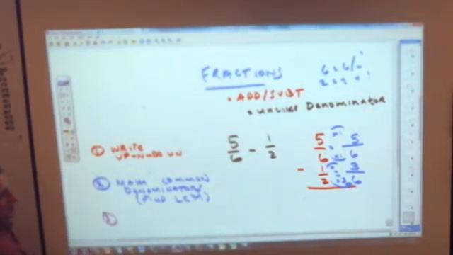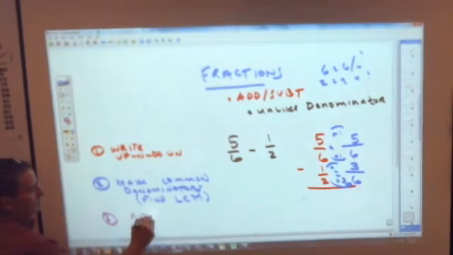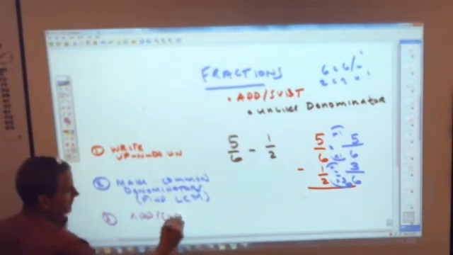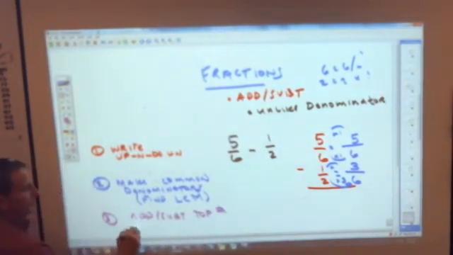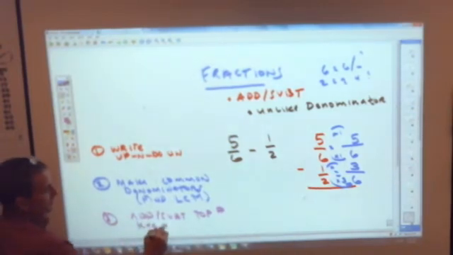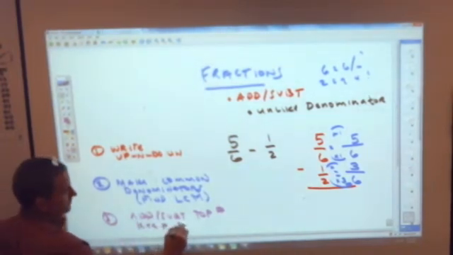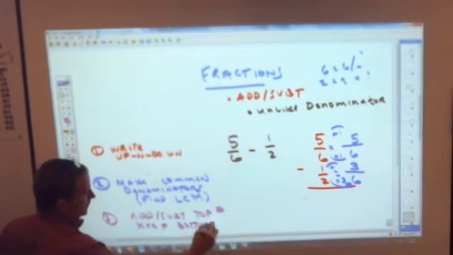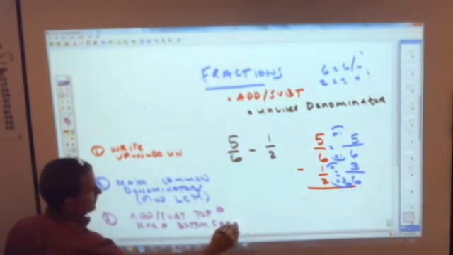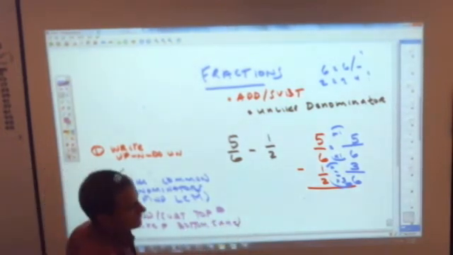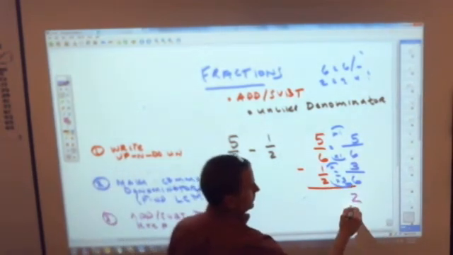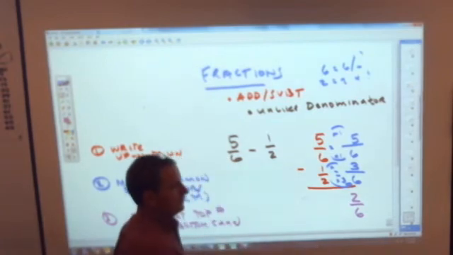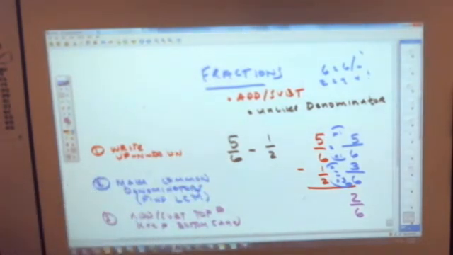Step number 3, guess what it is? You add or subtract the top numbers, which we call the numerator, and you keep the bottom number the same. Bottom the same. So this I subtract 3 from 5, I get 2. Bottom number stays the same. 3/6 subtracted from 5/6 is 2/6.